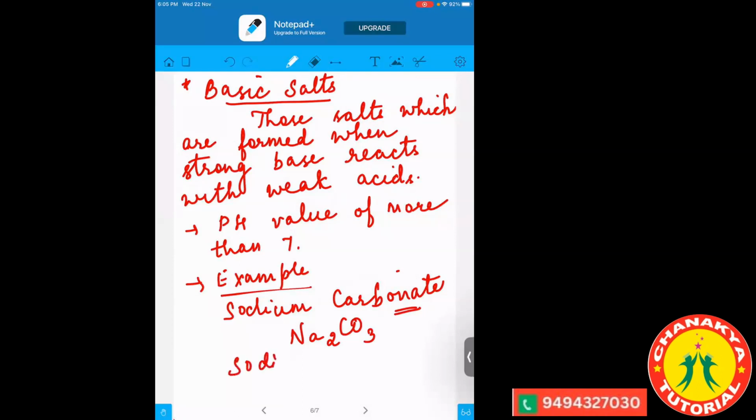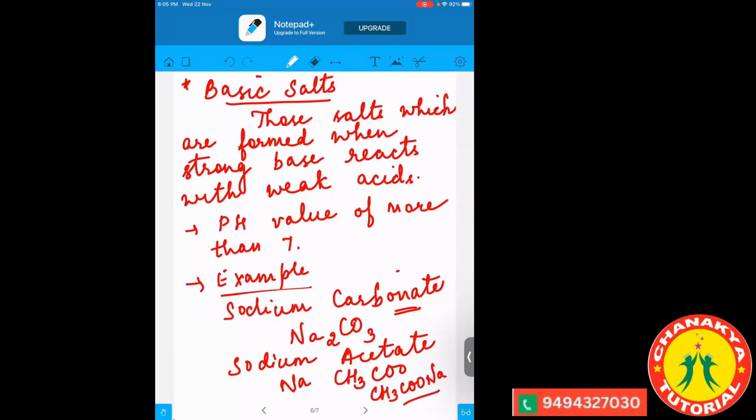Another example is sodium acetate. Sodium is Na, acetate is CH3COO. But in this case, we cannot write O at the last, so we change it to CH3COONa. Why?